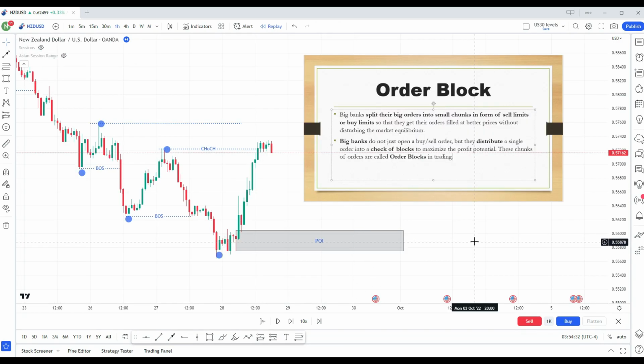So back to our order block definition. Big banks or big market movers will take a lot of buys here and leave open positions, leave buy limits at this zone. How do you notice that these are banks or big market makers who are in the market?